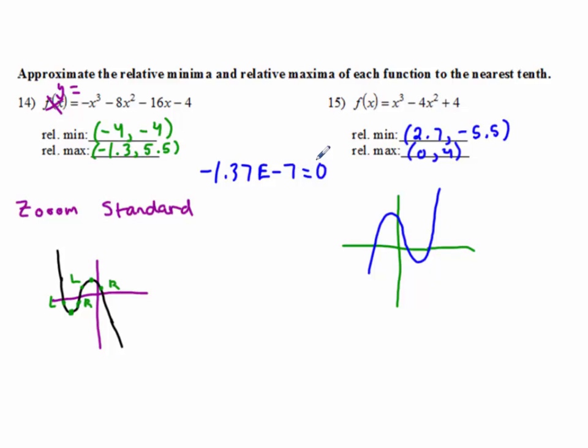But the calculator's not as smart as you are, so it thinks it's this number when really we know that this means 0. Because if I wrote that out not in scientific notation, that would be this-ish. What is that? That's basically 0, right? If we round to a 10th especially, that's 0. So if you get something that looks like this, remember that it's just 0.